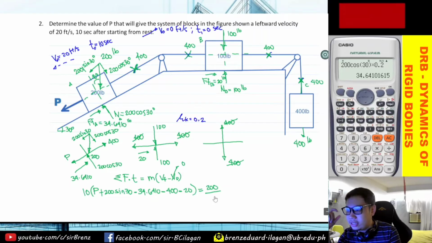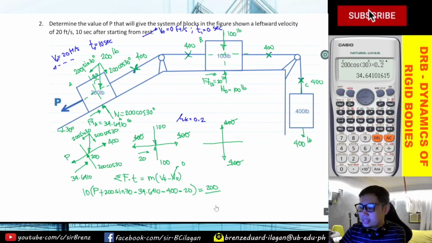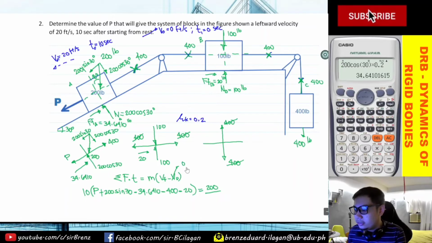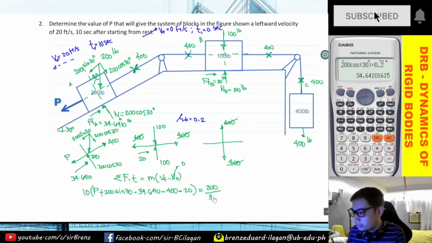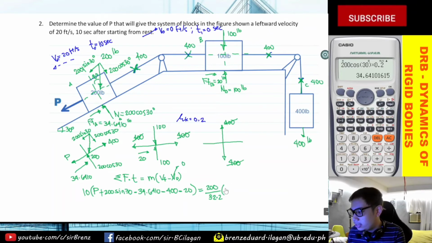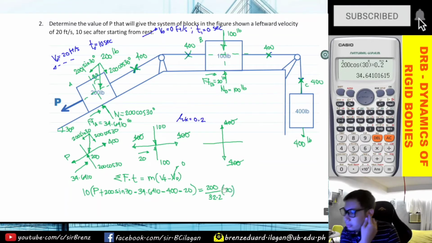Ano nga pag-English? So we need to divide this by 32.2. Okay? So final velocity, ano yung final velocity natin dito? So ayun nga, naging 20 feet per second. So 20 minus 0. So no need to consider the 0.